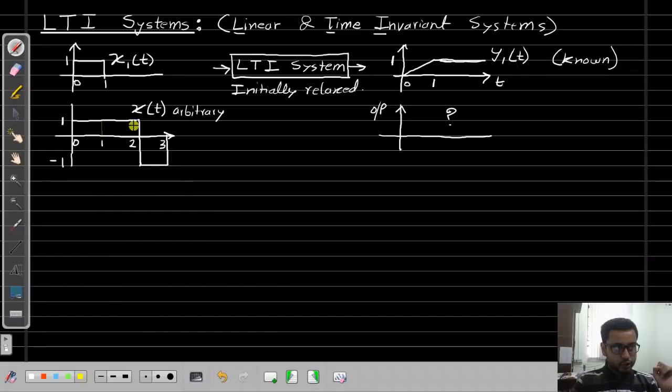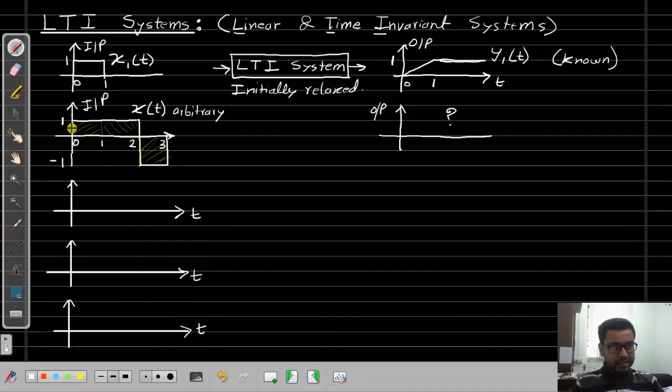I shall break this signal into 3 parts that I shall draw. The first part looks like this. It is this part of the signal.